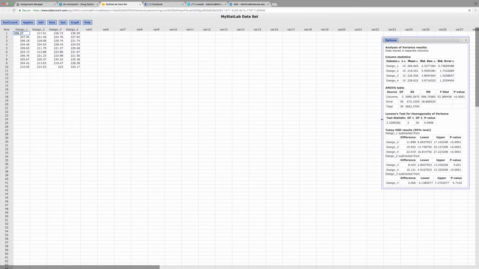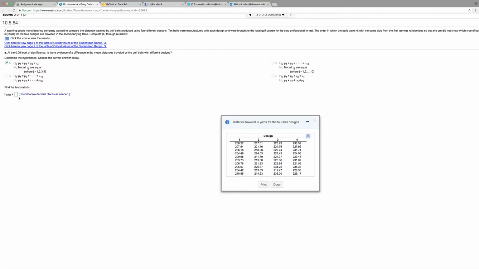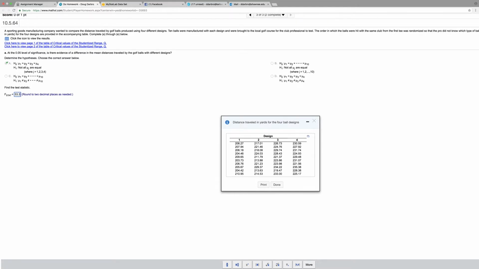And the ANOVA we get has a very, very small p-value. So we have statistical significance. Golly. The F statistic is 53.389, so to 2 places, 53.39, I guess.